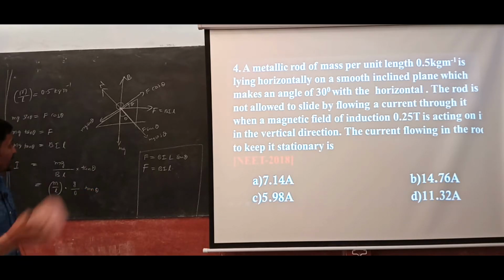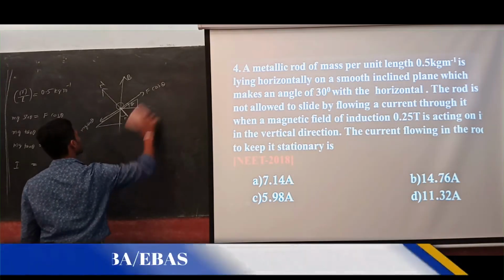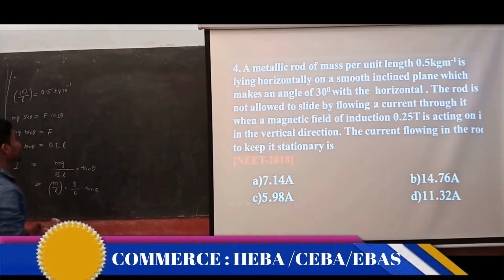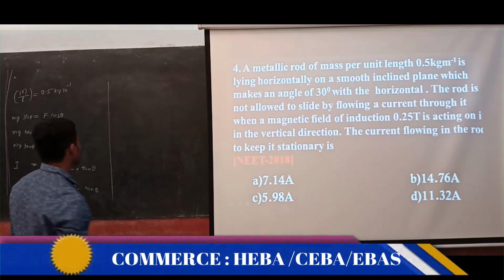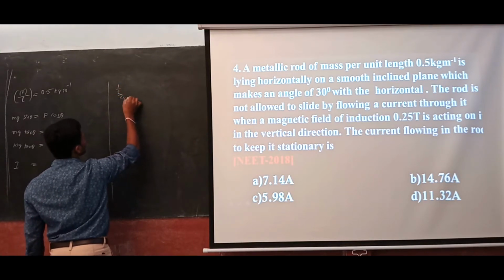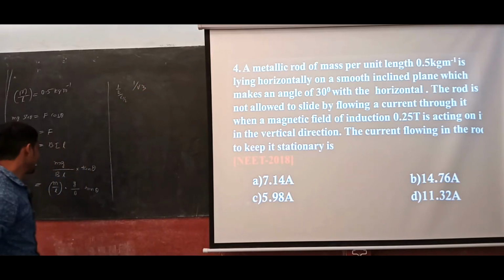Now tell me, I'll erase this. I think you have seen all those things while we are writing, because I have to write down the solution here. Now what is tan theta? Tan 30 degree. What is tan 30 degree? Half divided by root 3 by 2, isn't it? 1 by root 3. Tan 30 is 1 by root 3.